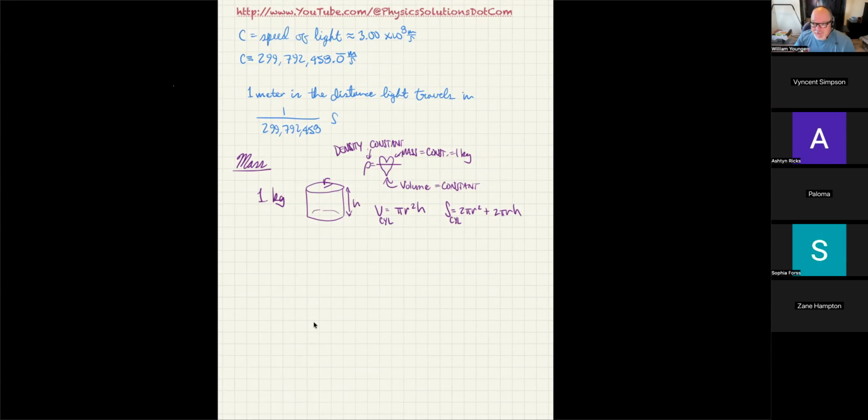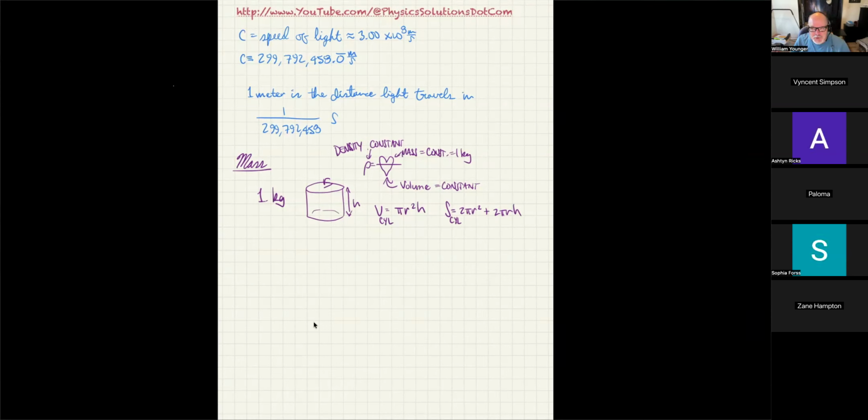So then you take the derivative of that with respect to that one variable, set it equal to zero, and then solve for that one variable, r or h. Once you get what that r or h is equal to, you then plug that back into the volume formula, or that h formula or that r formula, and what you'll have is a relationship between r and h that tells you how to minimize the surface area.